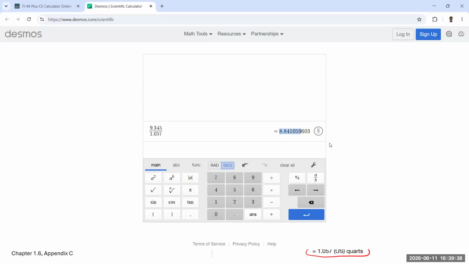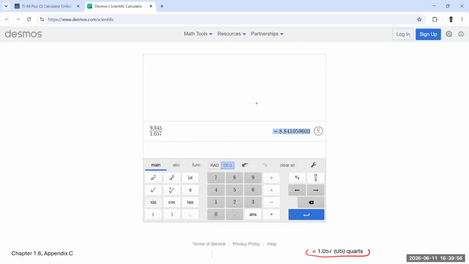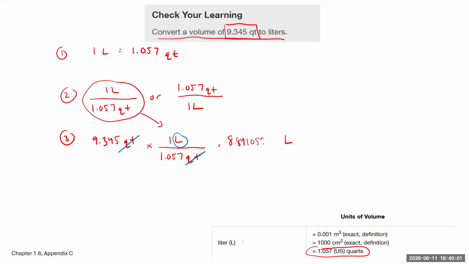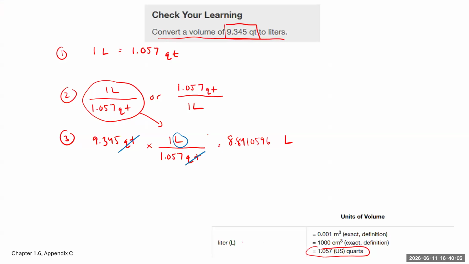Probably not. 8.841059.6. All right. We have 4 sigfigs here.